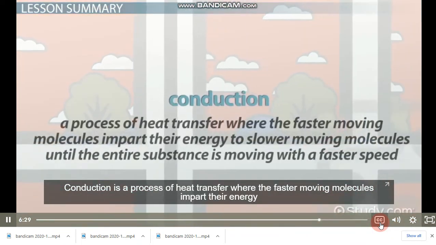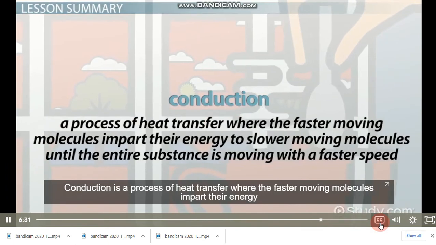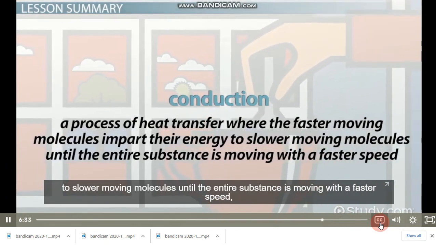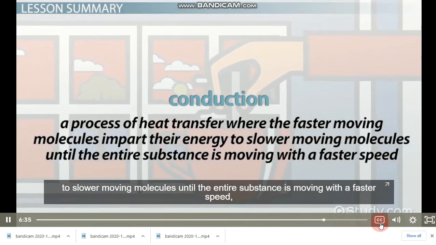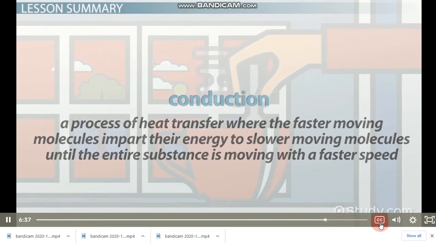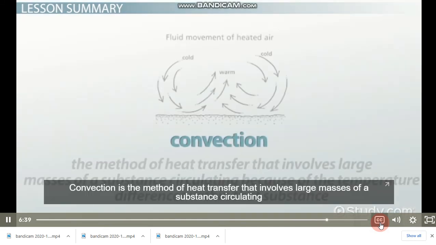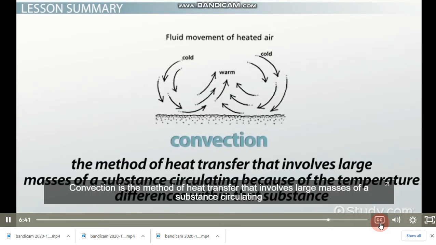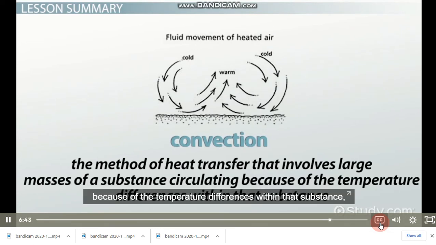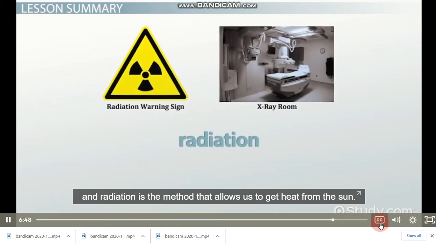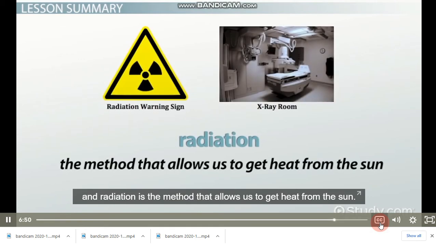Conduction is a process of heat transfer where the faster-moving molecules impart their energy to slower-moving molecules until the entire substance is moving with a faster speed. Convection is the method of heat transfer that involves large masses of a substance circulating because of the temperature differences within that substance. And radiation is the method that allows us to get heat from the sun.